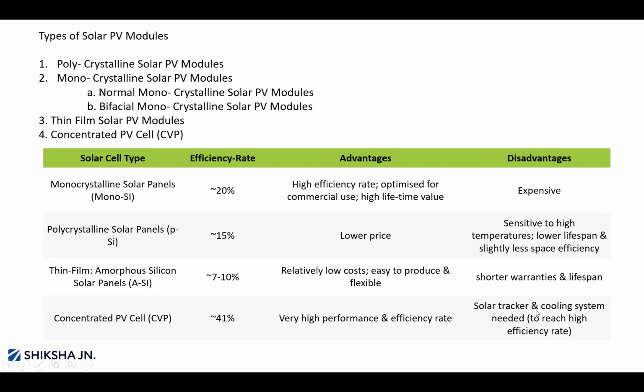Solar trackers are required, and a cooling system is required to get that efficiency. We can get more efficiency, but the initial cost and maintenance cost will be more compared to mono. That's why we are not widely using them.